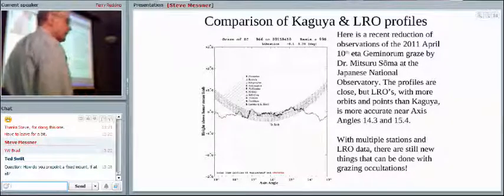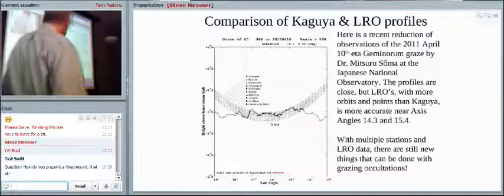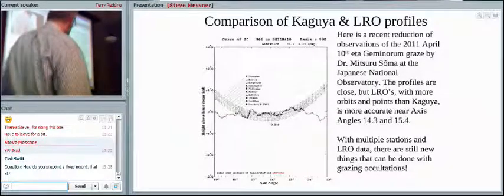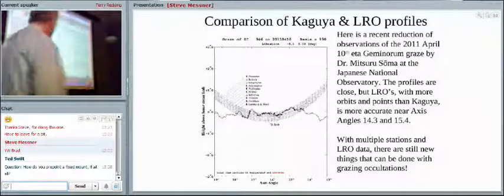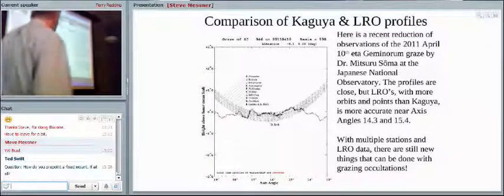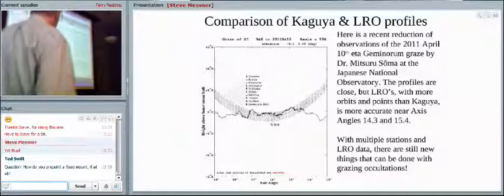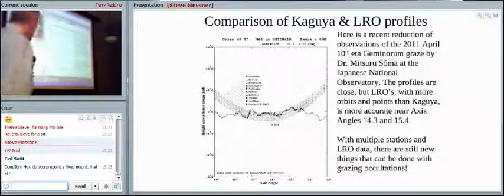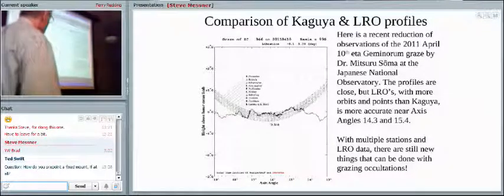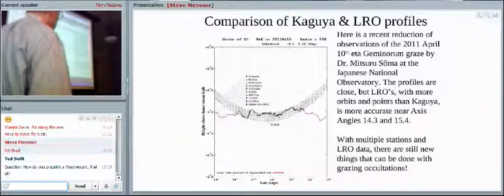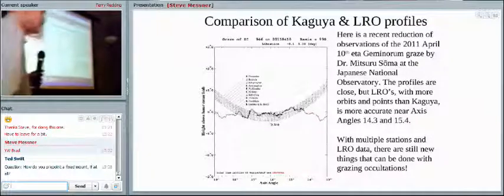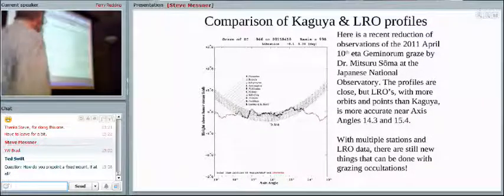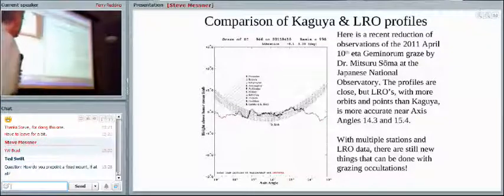Every once in a while you'll see a bad point in the Kaguya profiles in the predictions, so there'll be a valley like 2 kilometers deep, but it's just one point, and you can spot those and just ignore them. But now, with both the idea of multiple stations and with this LRO and Kaguya data, there are still new things that we can do with grazing occultations that weren't possible in the past.